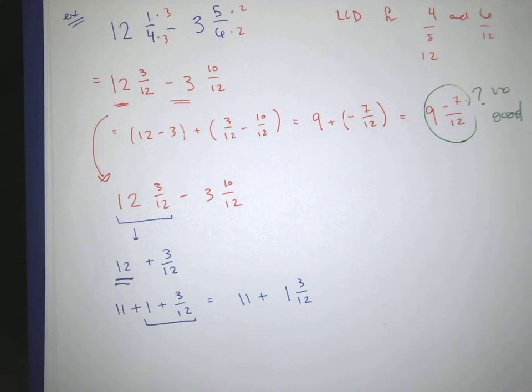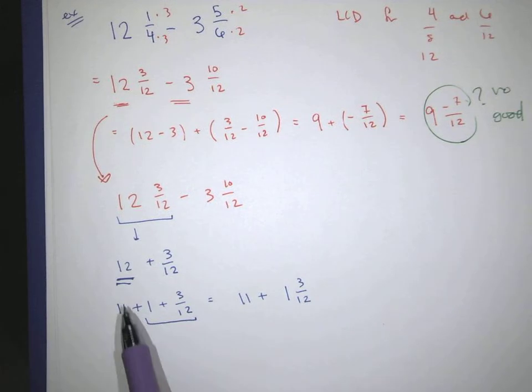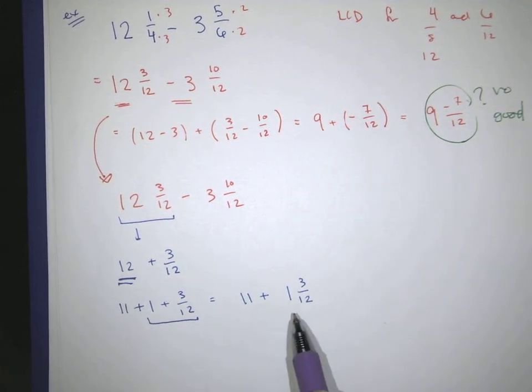I'm doing the opposite of what I did before when I carried over the excess. I'm trying to create a bigger fraction. So I can borrow one whole number from 12, cut it down to 11, take one off of it, and attach it to the fraction.